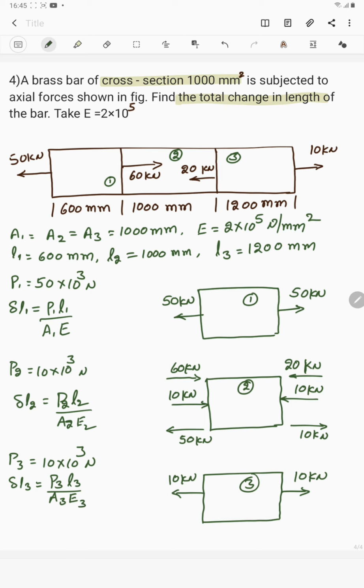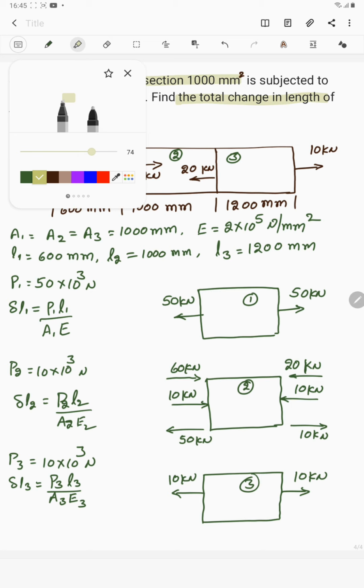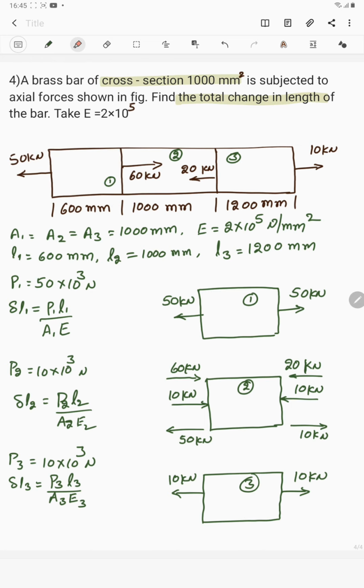So look at the loads with respect to section 1 and section 3. Tensile load is acting. This is one tensile load. This is also another tensile load. But with respect to section 2, compressive load is acting.